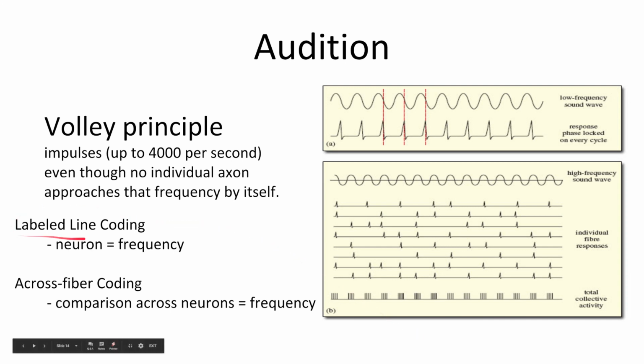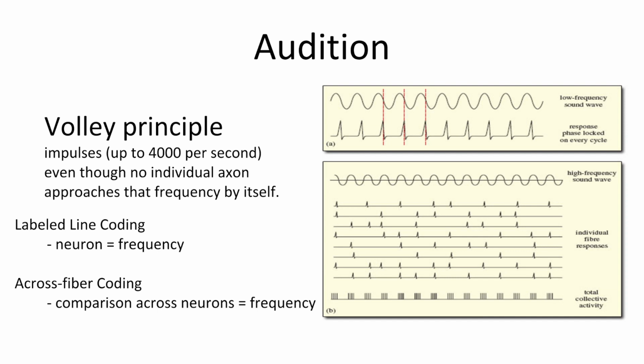The labeled line coding approach to neural transduction is one, like the frequency theory, that suggests that we would have an individual neuron that communicates a specific piece of information. So a neuron that fires for green, and a neuron that fires for red, and a neuron for every color in between would be a labeled line theory of vision.